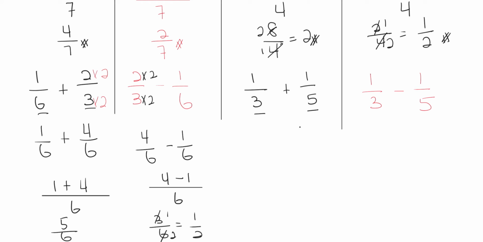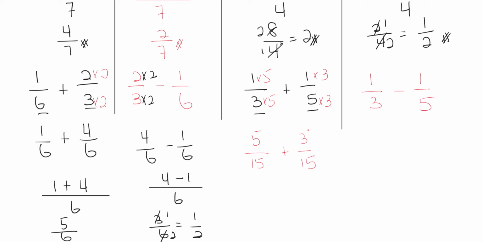Now here, I have two fractions addition, but the denominators are not common and they are not a factor of each other. So in this case, we have to just cross multiply. So I'm going to multiply 5 here and I'm going to multiply 3 here. So what happens is now I have a fraction which is 5 over 15 plus 3 over 15.